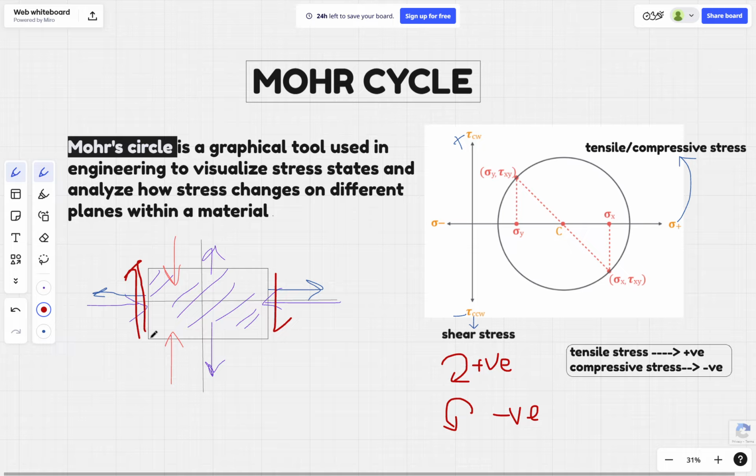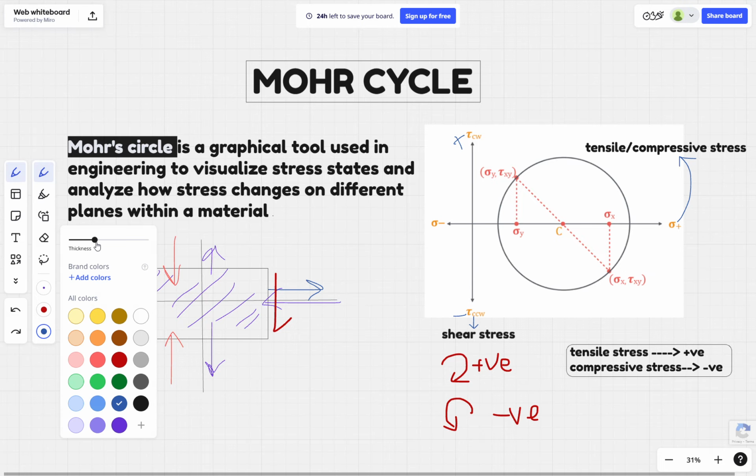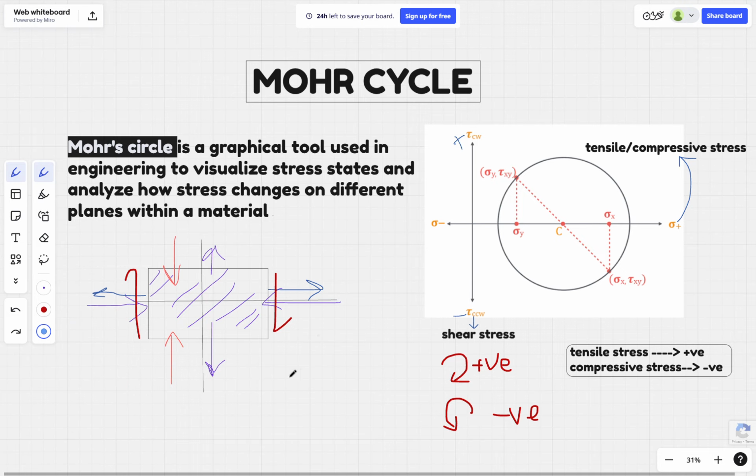Now a confusion can arise, that as I have shown that this is clockwise, clockwise is only based on the x-axis. So only based on the x-axis it will be clockwise or anti-clockwise. In the y-axis, or actually in these two surfaces, there will be some changes.